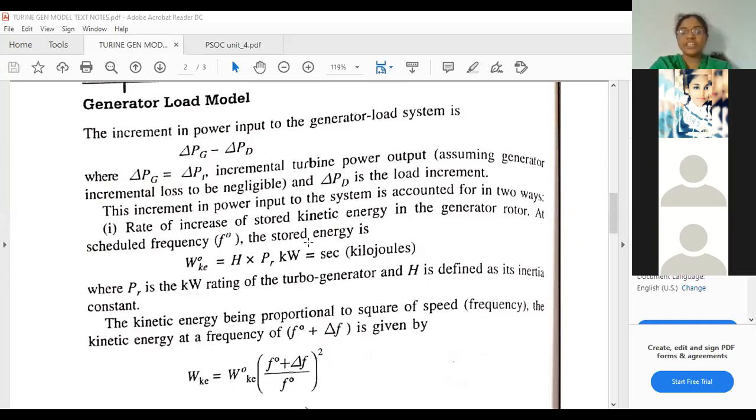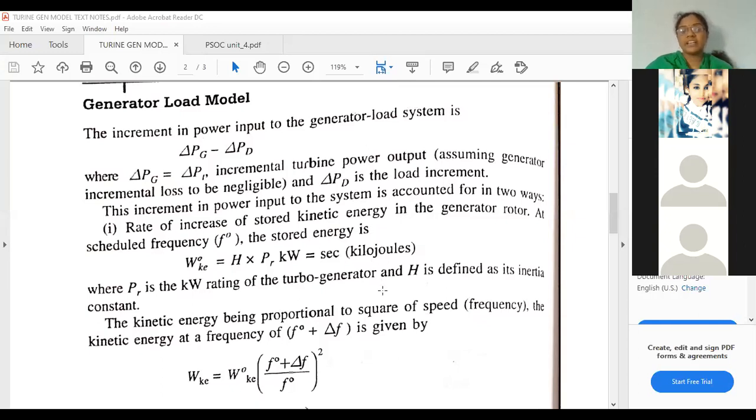Whatever generation we are taking into consideration has to change. So if the load is changed, then the input has to change. How is it going to change? In the first unit we considered the power balance equation, that is, the generated power should be equal to your demand. What do you mean by demand?